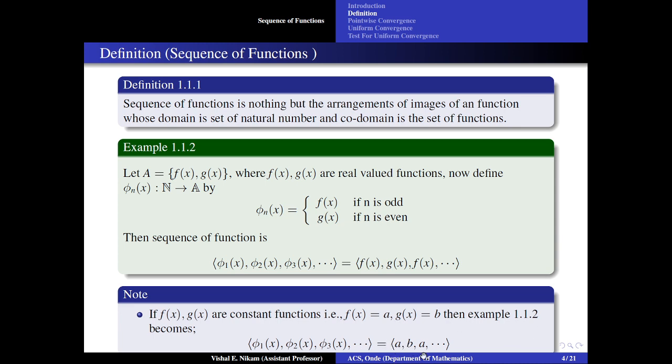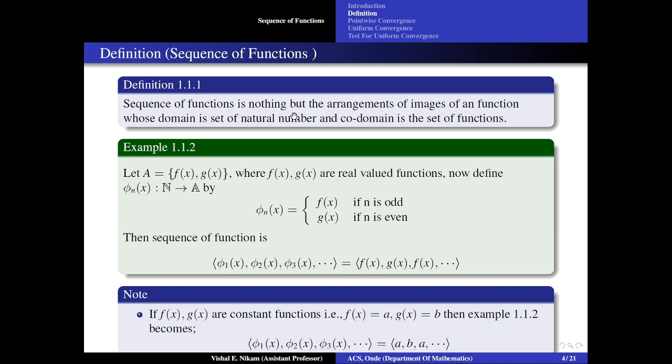Here a and b are real numbers. So by this idea, we can say that the sequence of real numbers is a particular case of the sequence of functions, isn't it? What is the definition of sequence of functions?